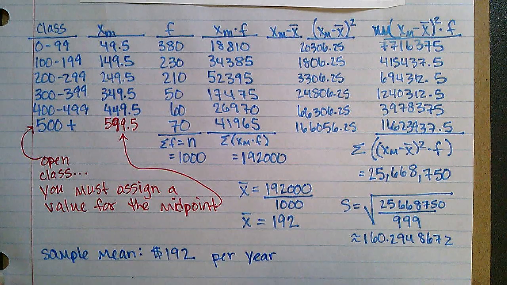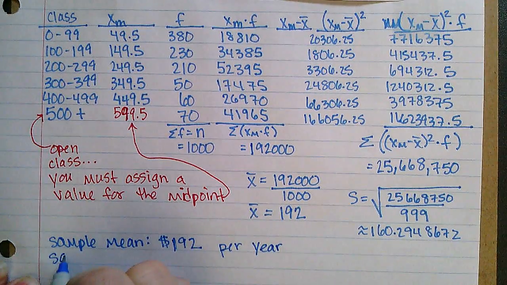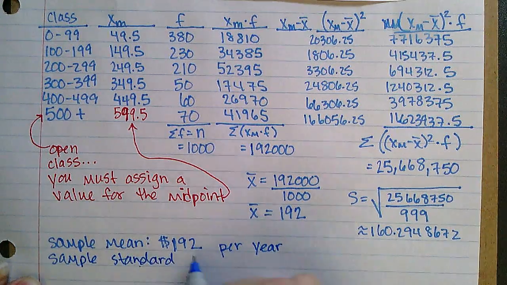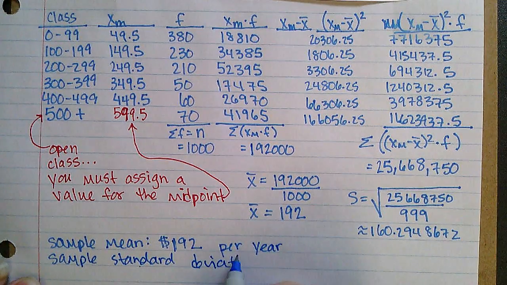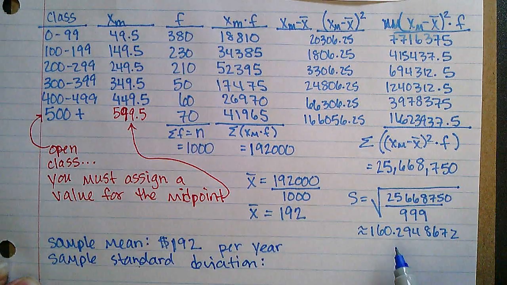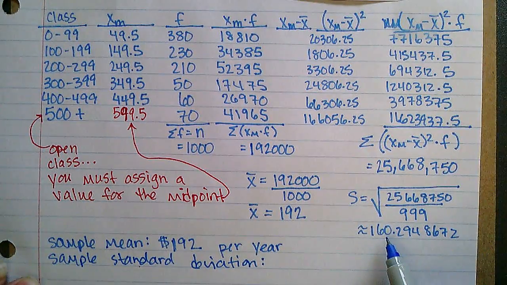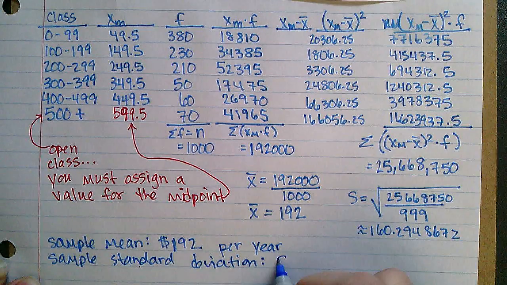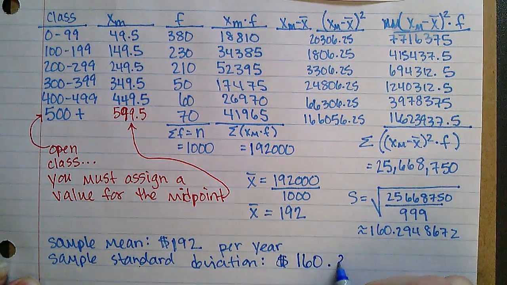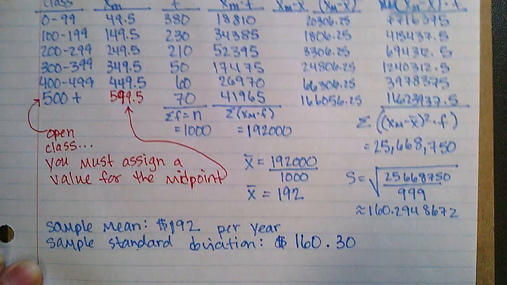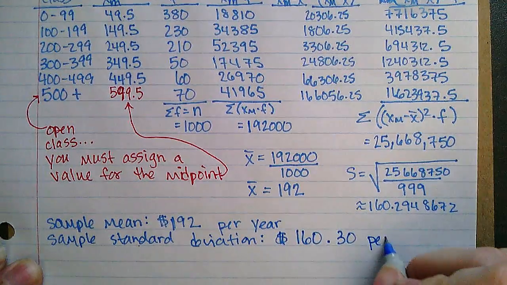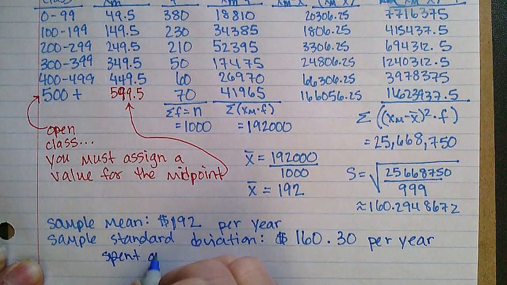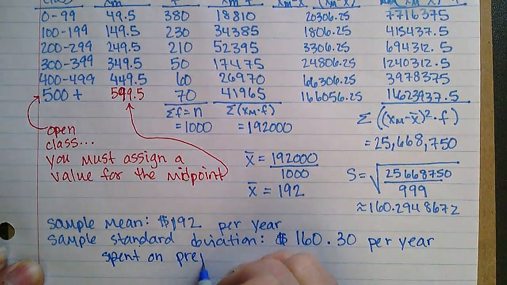And then my sample standard deviation, I've got to go one decimal place further than the data. So it'll be 160.3. And since it's money, I'll put $160.30. And that is per year, and that would be spent on preparing for personal travel.